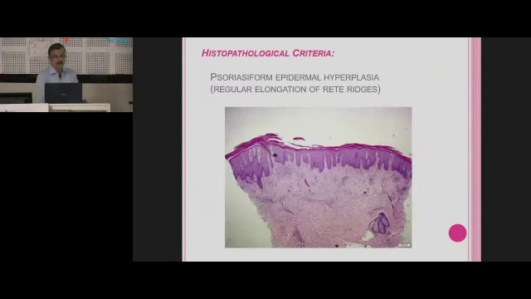The first thing is the psoriasiform epidermal hyperplasia with elongation of the rete ridges. Apart from this, another finding in the epidermis is a diminished or absent granular layer, seen in classic psoriasis. In psoriasis, which is the prototype of this psoriasiform dermatosis, there is either absence or a reduced granular layer.